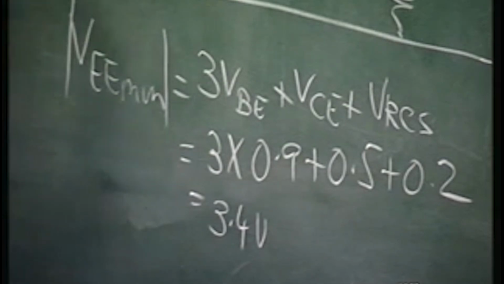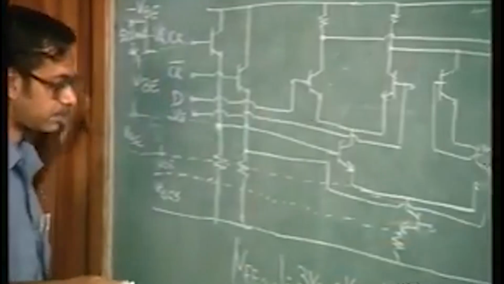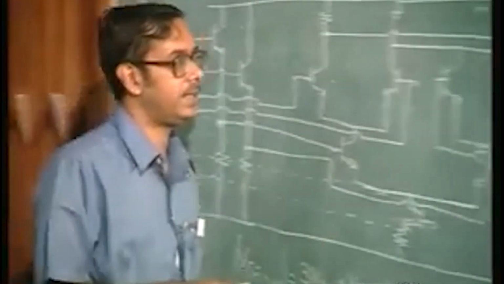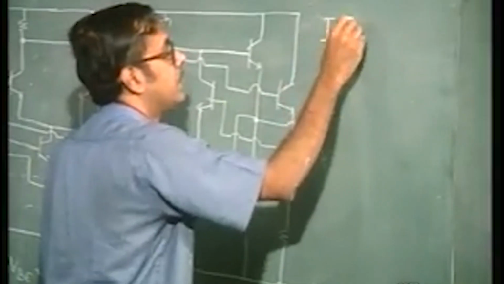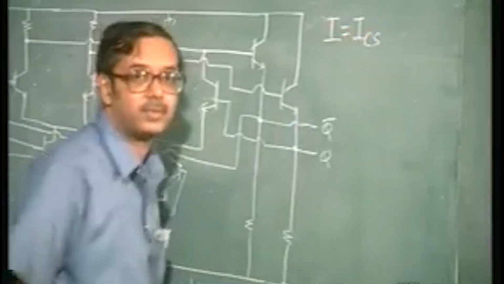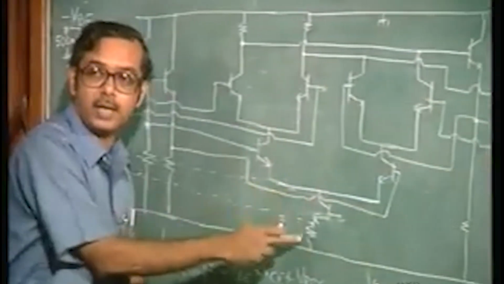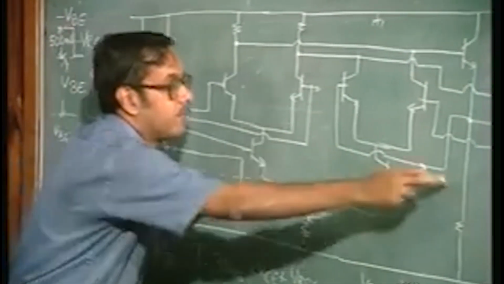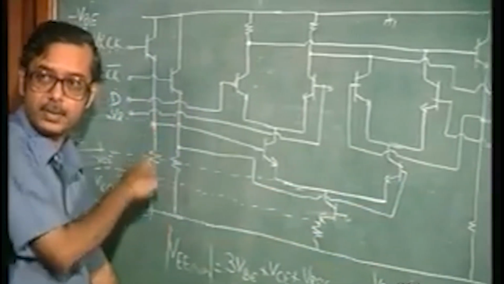For this structure, and the current of course, I write it here, I is equal to ICS, the current source value flowing through the current source. Okay, there is one current source here, plus there are 4 levels, there are 2 level shifting parts.